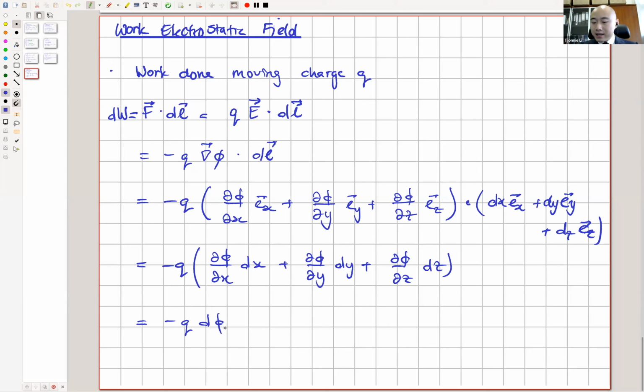So we can see that a small piece of work, dW, is in this case directly related to this phi, to this potential. And so this allows us to give this potential a particular interpretation.